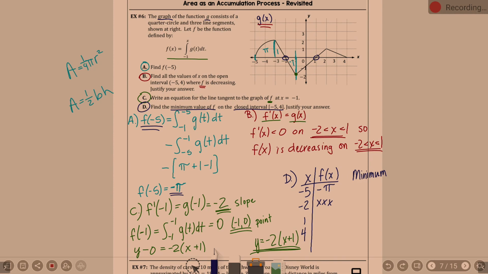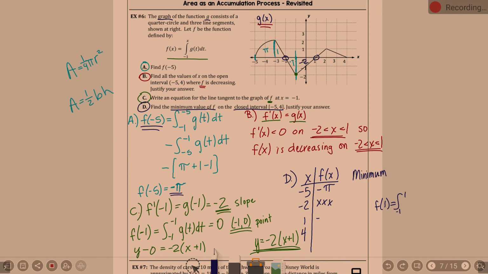Pi minus 2. Wait, what are we doing? If it's F of 1, it's only -1 to 1. So F of 1 is going to be -1 to 1. So what's -1 to 1? -2.